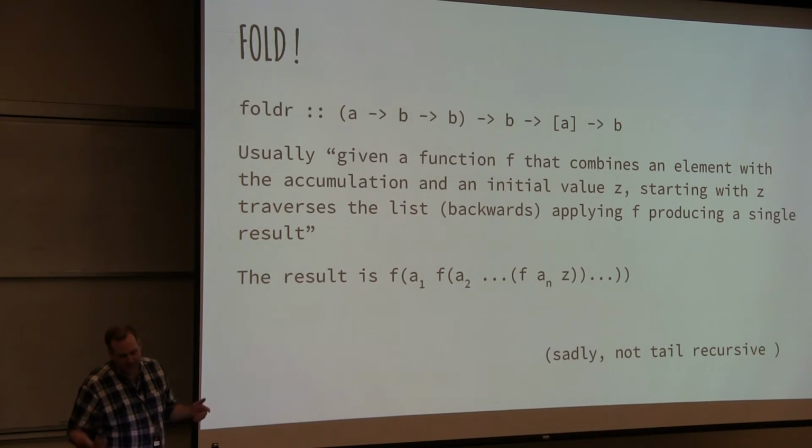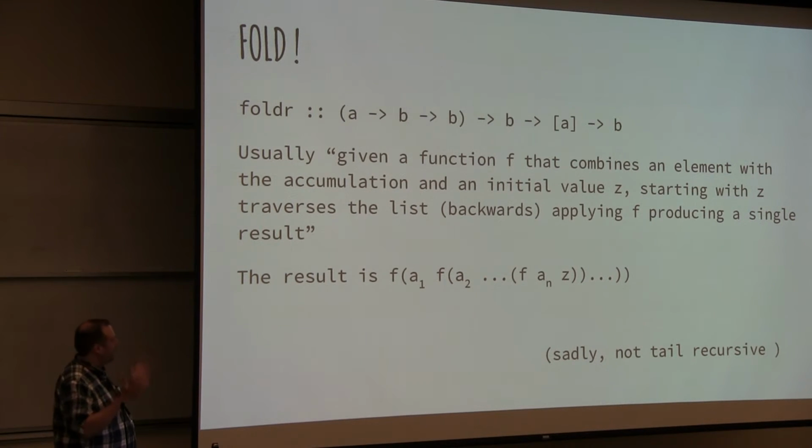Very informally, if you want to give it a different explanation, I'm fine with it. Basically, you have a function f that combines the elements, the accumulation, and an initial value z. Starting with z, you traverse the list backwards, in this case applying f, producing a single result.